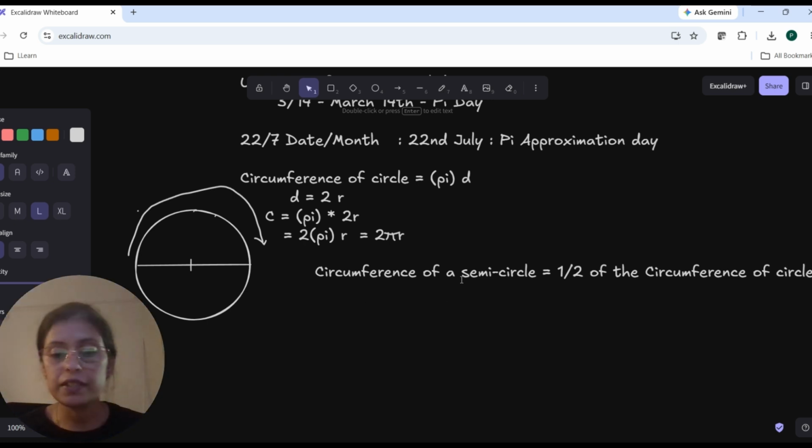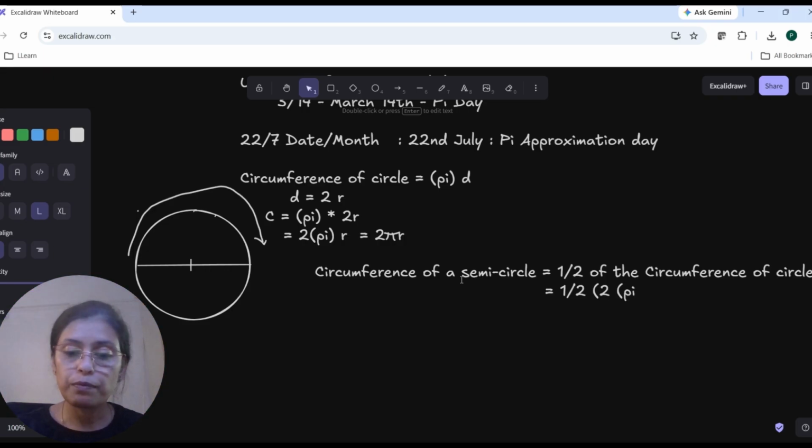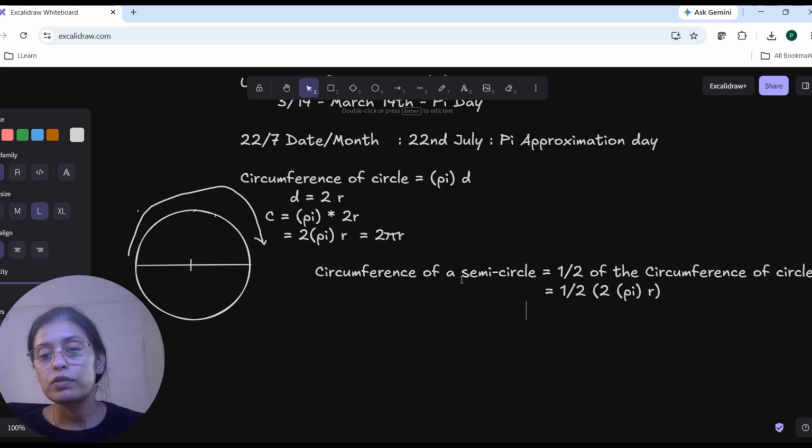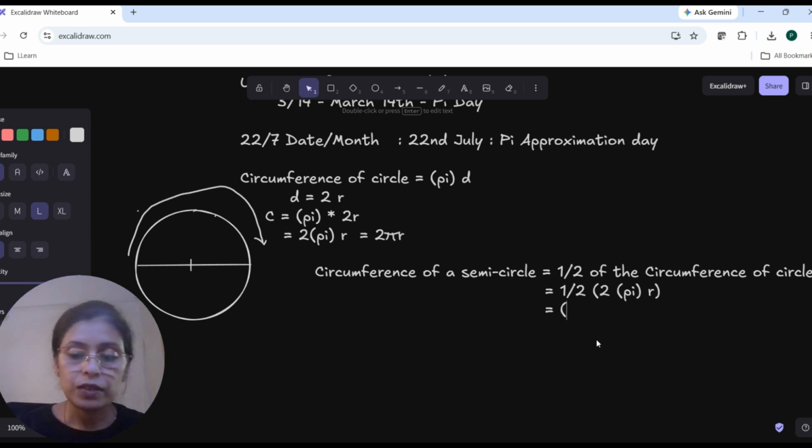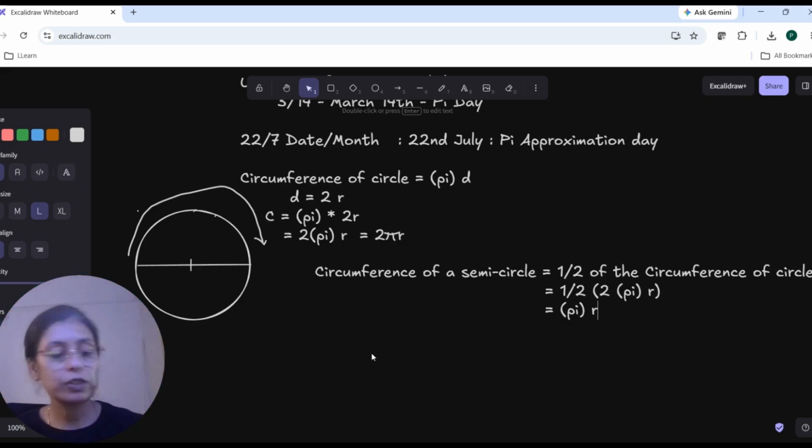So this means it will be half of 2 pi r. Now this 2 and this 2, it becomes 2 divided by 2. So it's 1. So ultimately we are left with pi into r. So circumference of the semicircle is pi into r.